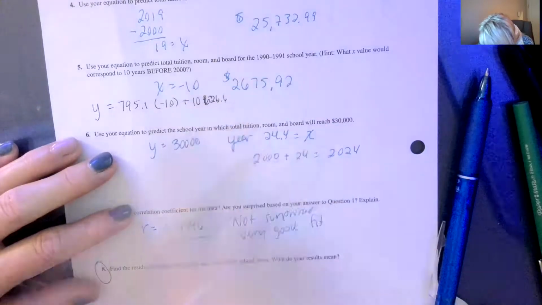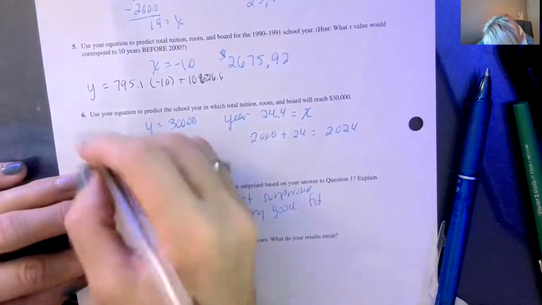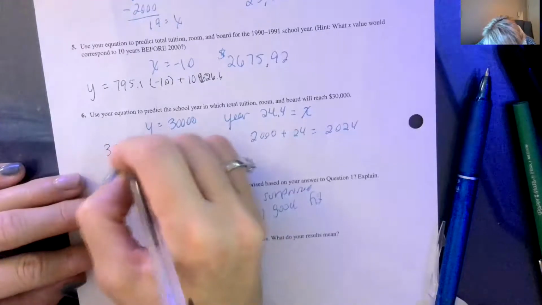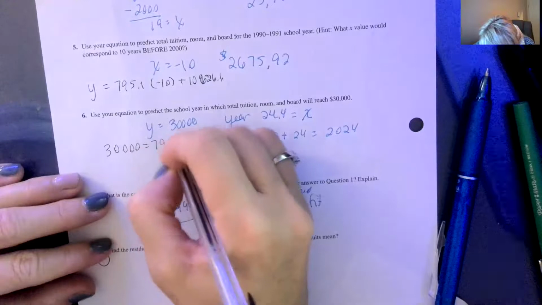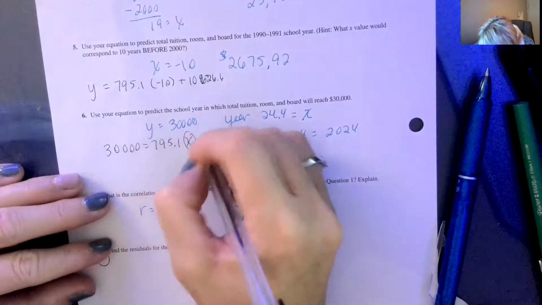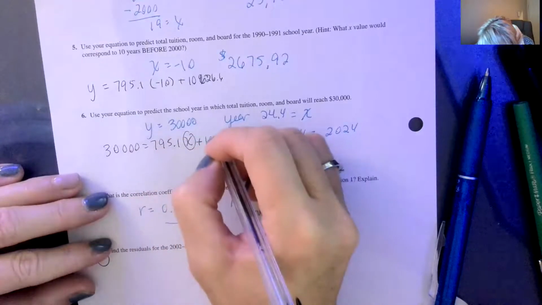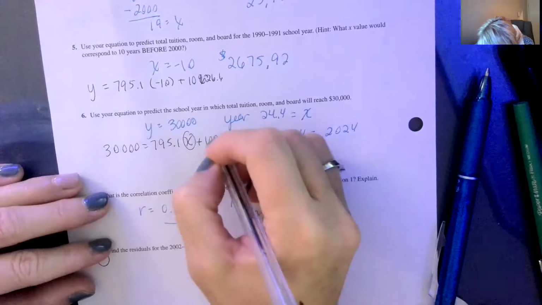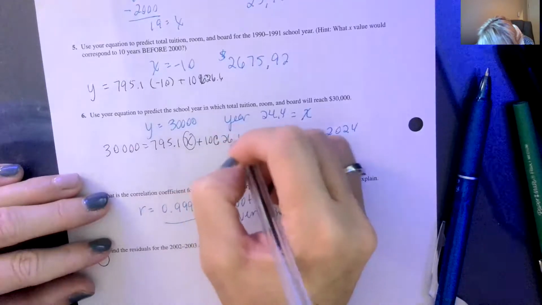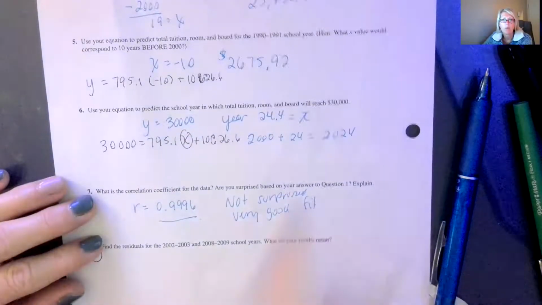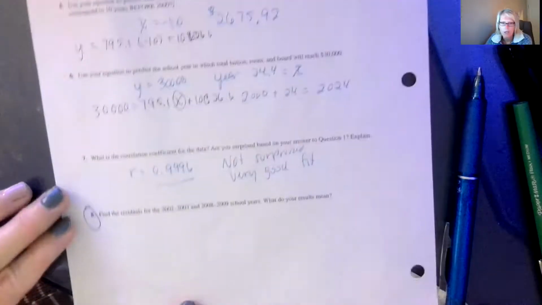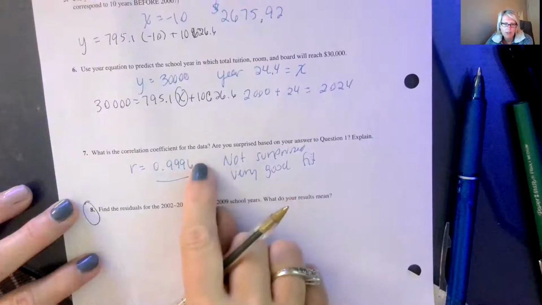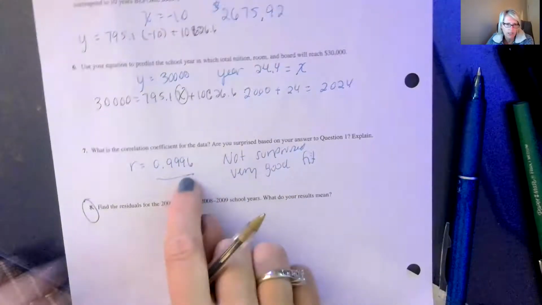So you could have done that to get there too. And this one, you could have used algebra with symbols, right? To work backwards to find x, if you wanted to as well. But we're using Desmos as much as possible. We've already talked about 7, the correlation coefficient, very high.